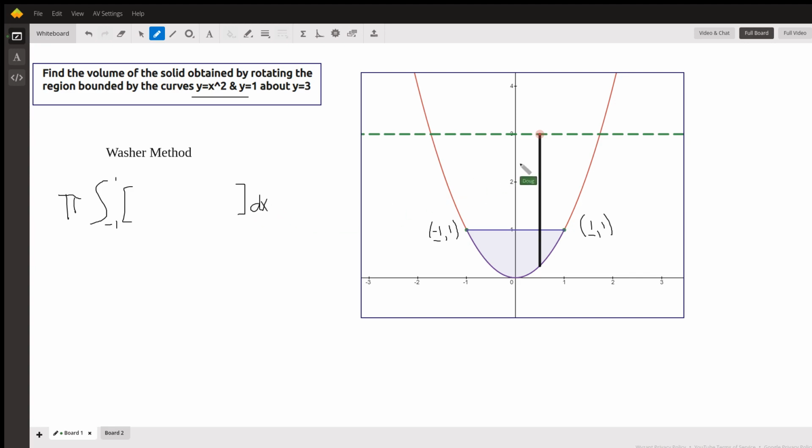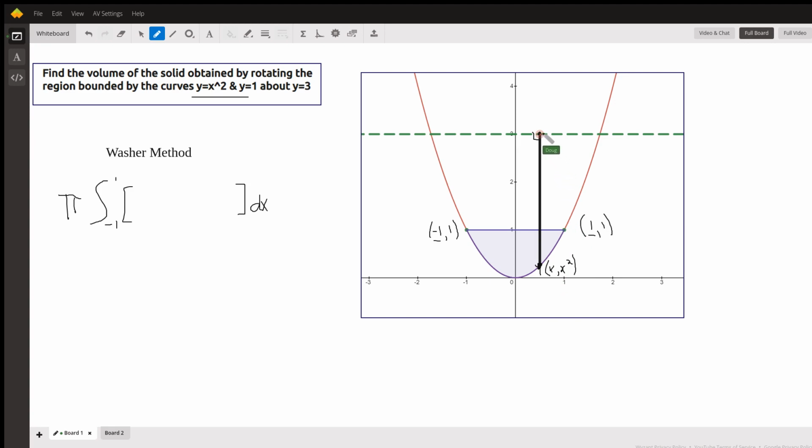Question is, what is the outer radius? Well, again, when we use the washer method, our typical washers are perpendicular to the axis of revolution. The outer radius is the distance from the axis of revolution to the outermost part of the region that we're revolving around that axis. So the y-coordinate of this point right here is x squared, because we're on the parabola.